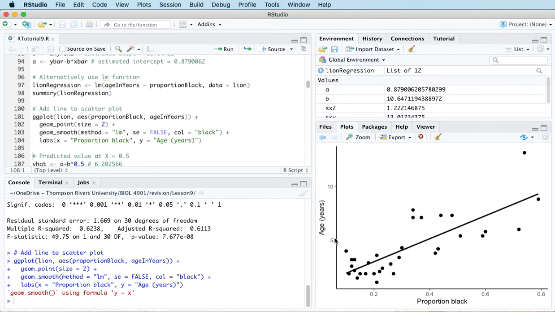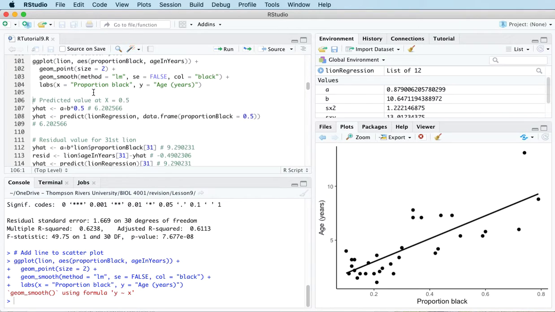So let's look at a few other aspects of this fitted model. When we were talking about the study, we talked about how the researchers were hoping to come up with a model that would allow them to predict the age of a lion based on the proportion of black pigmentation on the lion's nose. So one way to do that is as follows.